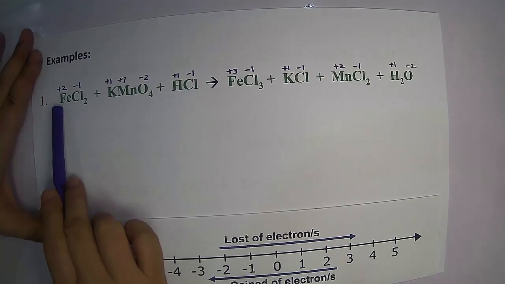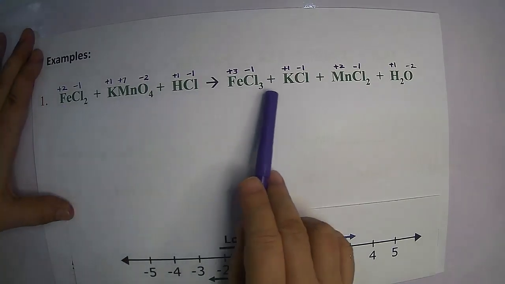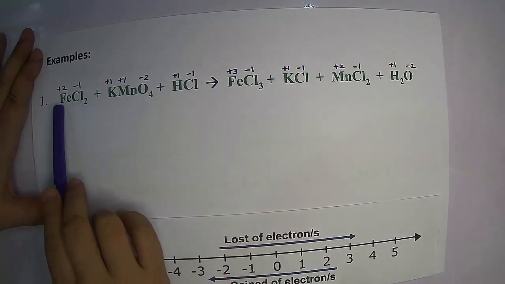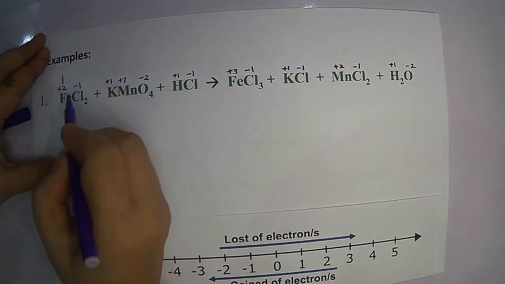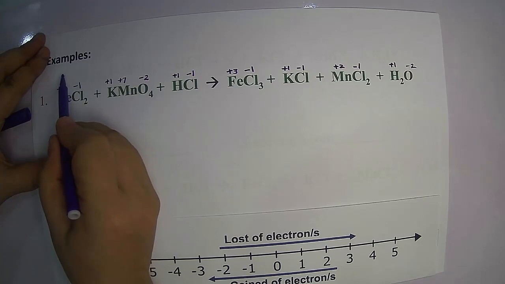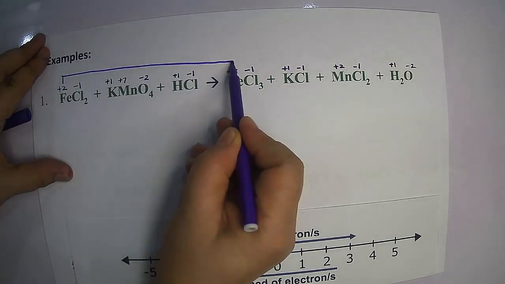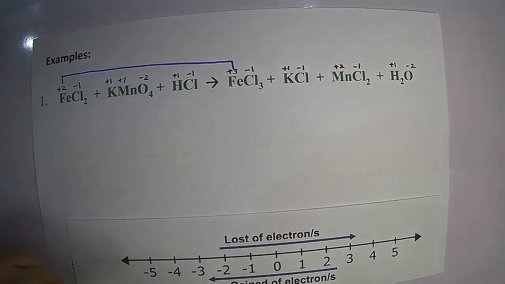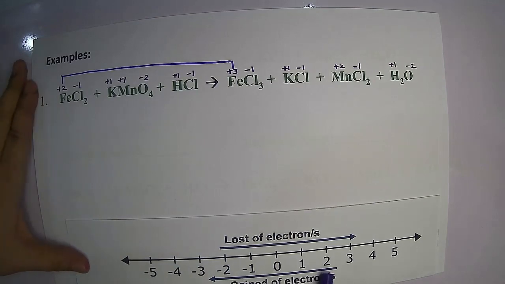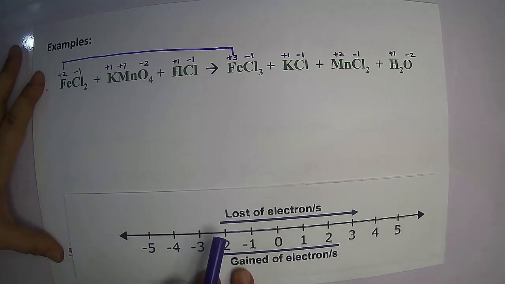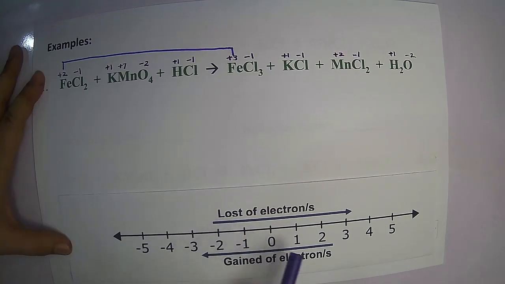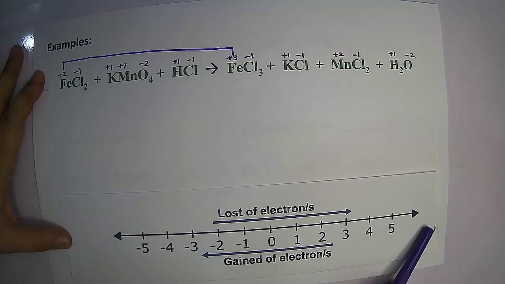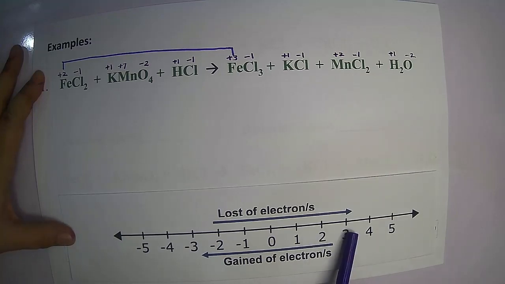By examining the oxidation numbers, you will see at once that iron goes from +2 to +3. Referring to your number line, from +2 to +3, you are moving to the right of the number line, 1 unit.